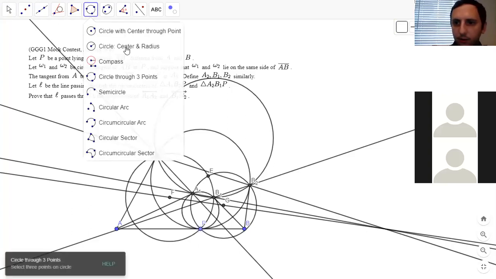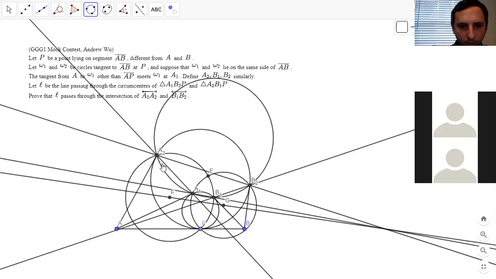Let's see, A2, FG, B2. No, that's not cyclic. Are GB2 and GB1 tangent to that circle? I think you mean GB2 and FA2, right? Kind of looks like it.